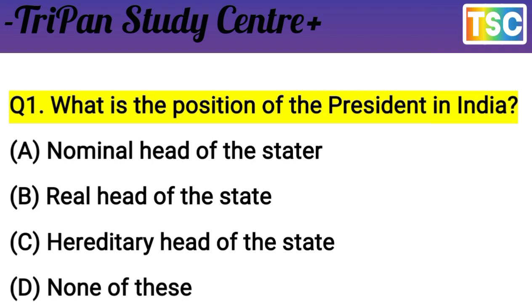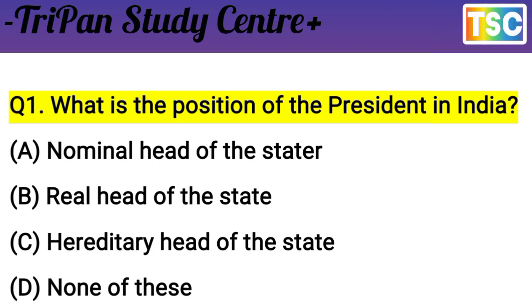You know the question is very interesting, but first of all, understand the most important point here. The president of India is like the queen of Britain, whose functions are to a large extent ceremonial.